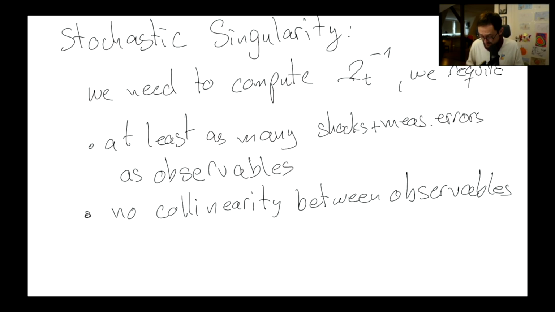So importantly, think about a typical budget restriction in, say, an RBC model. If you declare all three variables as observables, you will run into this stochastic singularity problem. So you cannot compute the inverse. You will get numerical errors. So that is what you need to keep in mind.